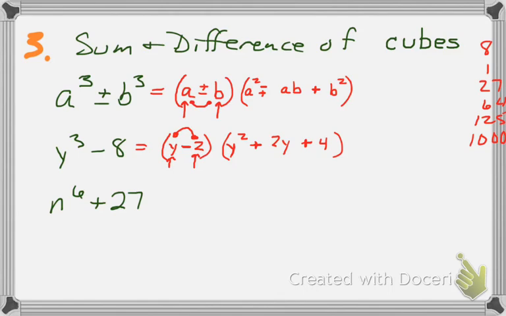What is the cube root of n to the 6th? N to the second. You divide the power by 3. Just like yesterday when we did square roots, we divided the exponent by 2. So the cube root of n to the 6th is n squared. Same sign as the problem. And the cube root of 27 is 3.